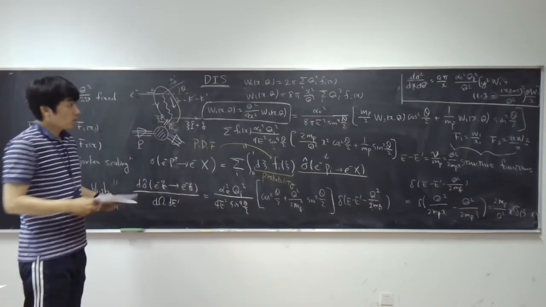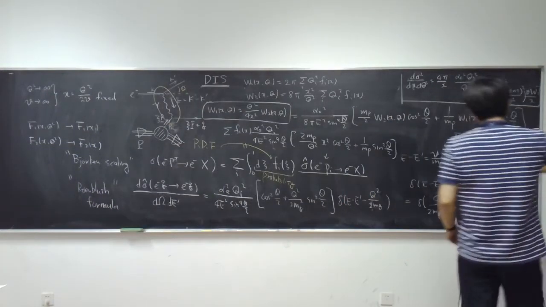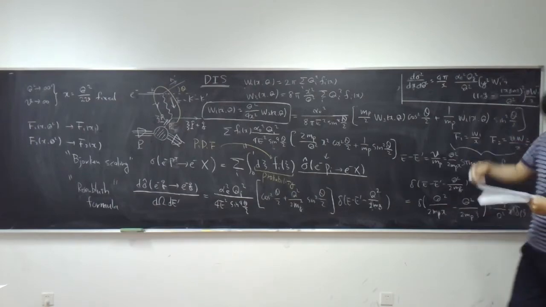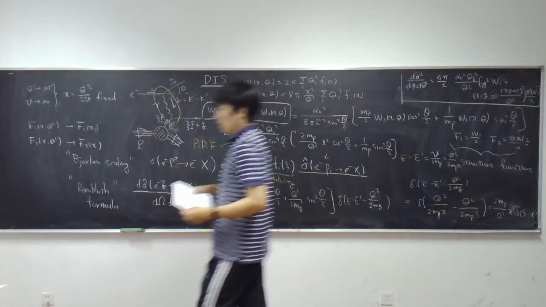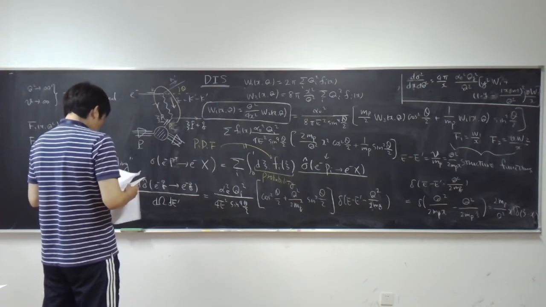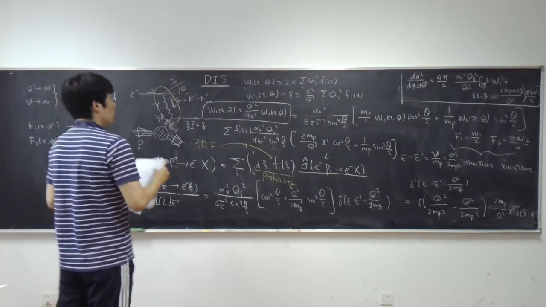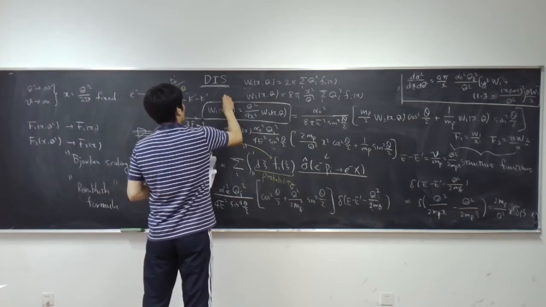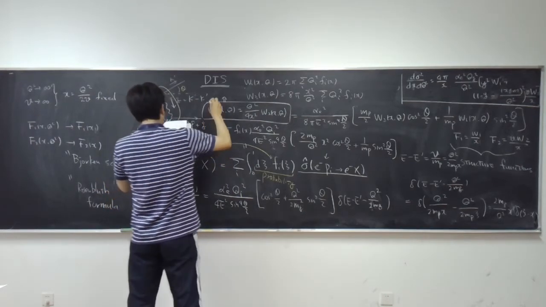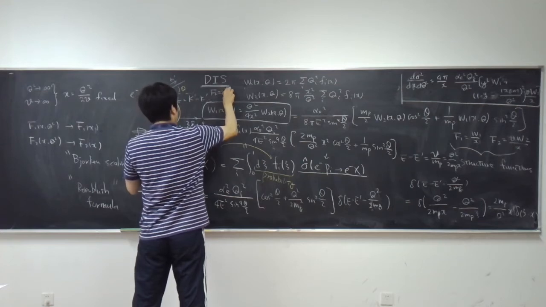So this is just x. Plug this one into here. What we obtain implies that F2 is equal to 2x F1.